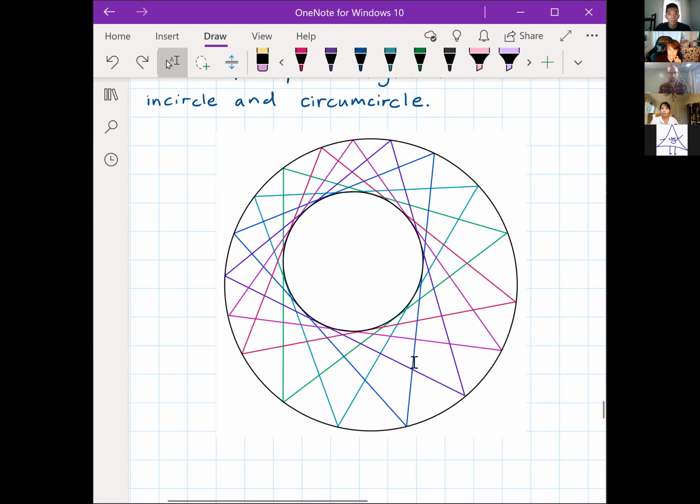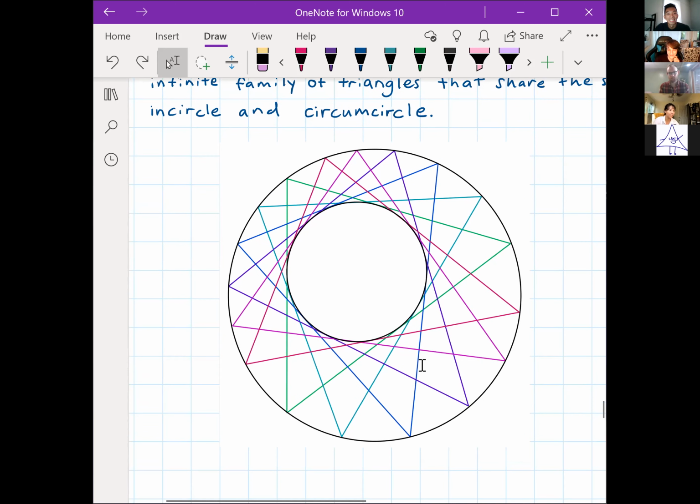Karina, are there any applications of the porism other than, I mean, it's really cool, but when you were reading on it, was there anything like that? I know that there are types of flowers that look kind of like this, and I'm just wondering if there are any applications of this.